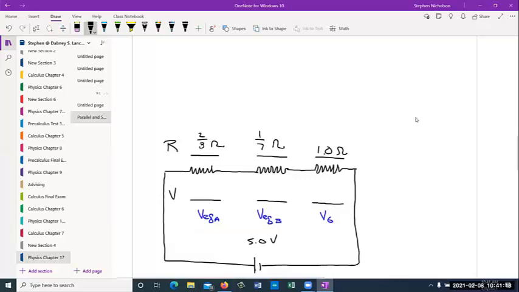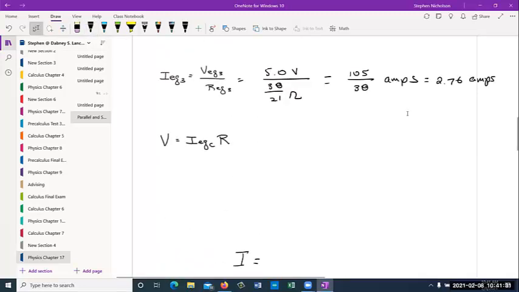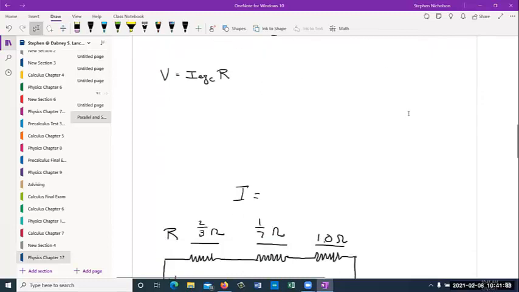Okay, so what we have is the 3 equivalent resistances that we had in the intermediate step. We know that the current through each one of these equivalent resistances is 105 over 38 amps.